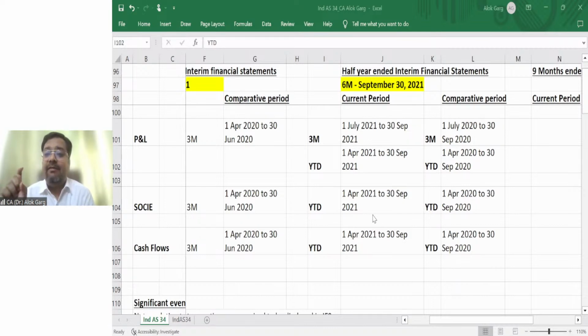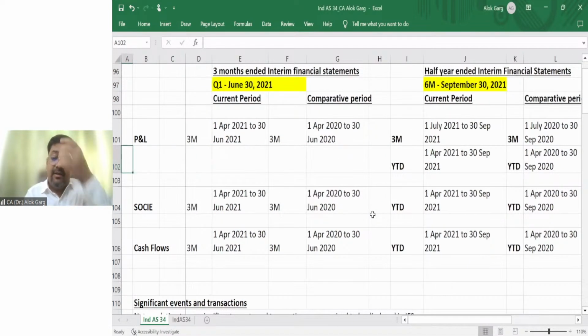That is why, when you read a balance sheet, it always starts with balance sheet as at. It is not for the period ended. Your balance sheet numbers will always be as at, right?